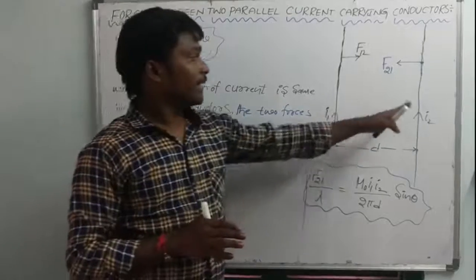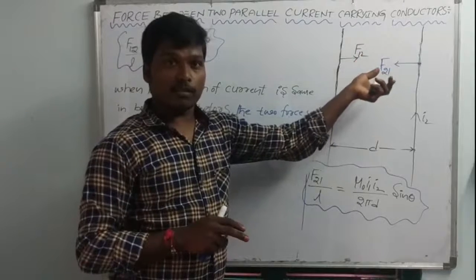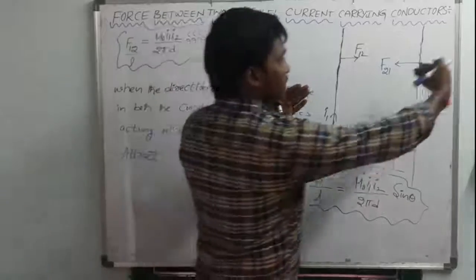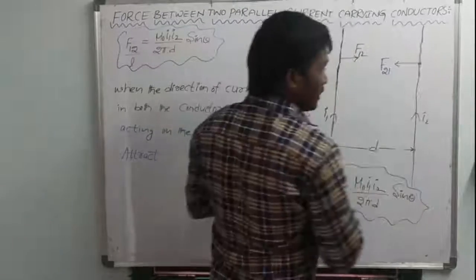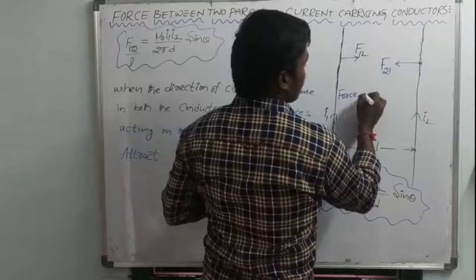Whenever the direction of the current is the same, the forces acting on both the conductors will attract. So please see, this is acting in this direction and this is acting in this direction. So here, what is that? Force of attraction.